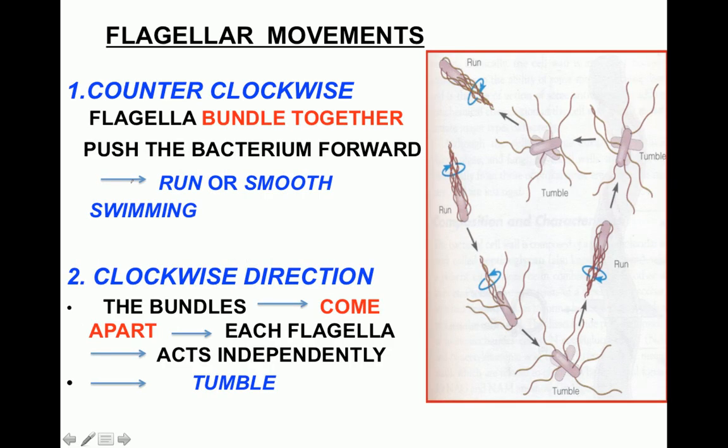Coming to flagellar movements, as I said just now, it could be counter or anti-clockwise, or it is going to bring about clockwise movement. The anti-clockwise movement is when all the flagella rotate in an anti-clockwise manner, as a result of which these flagella get together, they bundle together, and they push like this, as you can see over here.